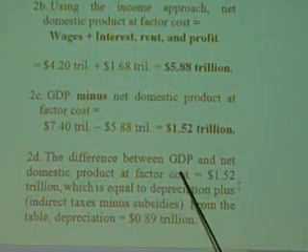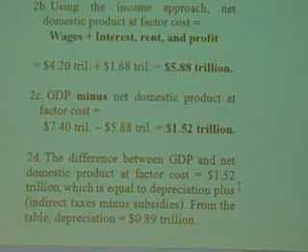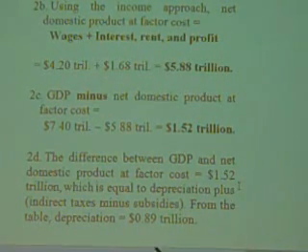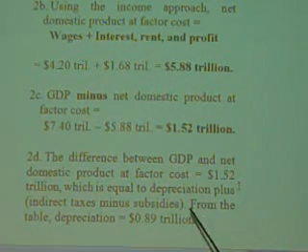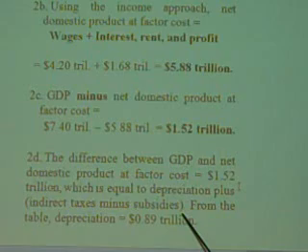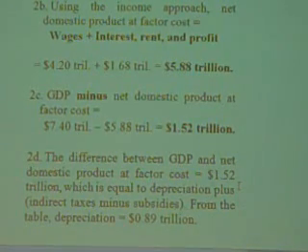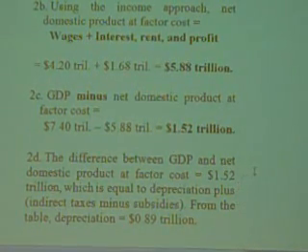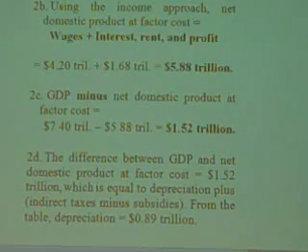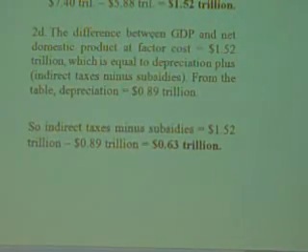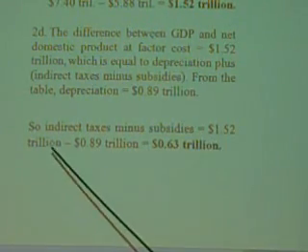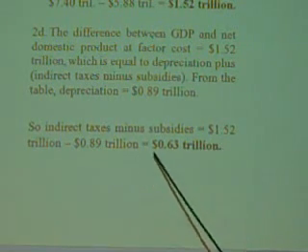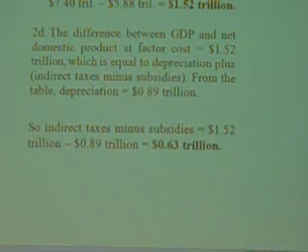The difference between GDP and net domestic product at factor cost equals 1.52 trillion, which is equal to depreciation plus indirect taxes minus subsidies. From the table, you already know that depreciation is 0.89 trillion. So if you plug that in, indirect taxes minus subsidies is 1.52 trillion minus 0.89 trillion, or 0.63 trillion.